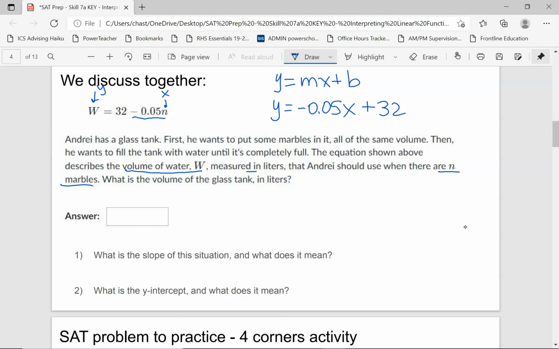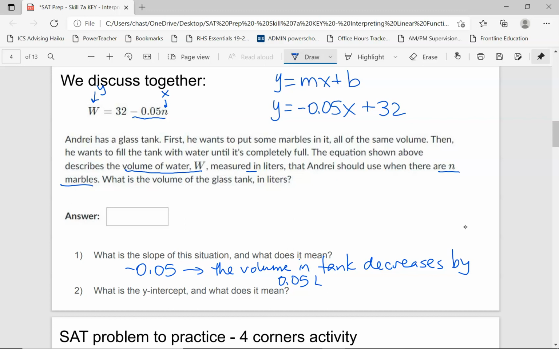So negative 0.05x, what that is saying is that whenever we have that value multiplied to the number of marbles, the volume of this particular tank decreases by, it looks like 0.05 liters. So negative 0.05, the volume in the tank decreases by 0.05 liters. And why do I know it's liters?